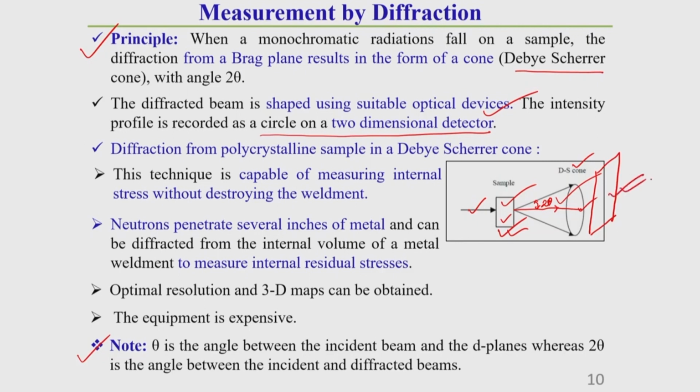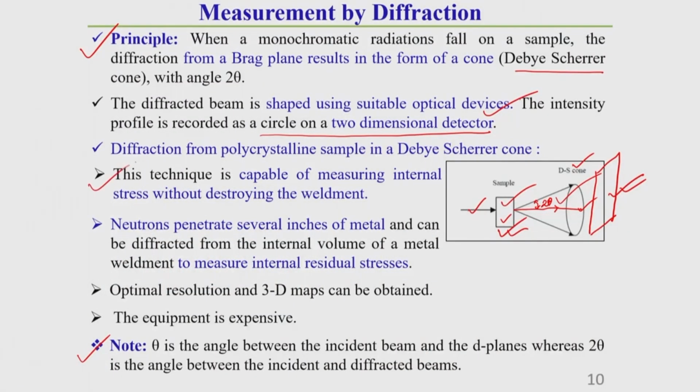Now, this technique is capable of measuring internal stress without destroying the weldment, because in the previous case, the X-ray diffraction technique can generally measure near the surface, within a range of 2 to 50 micron thickness layers of residual stress. But with this technique we can measure through-thickness residual stress distribution also.